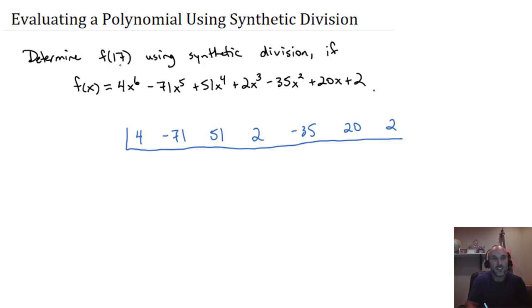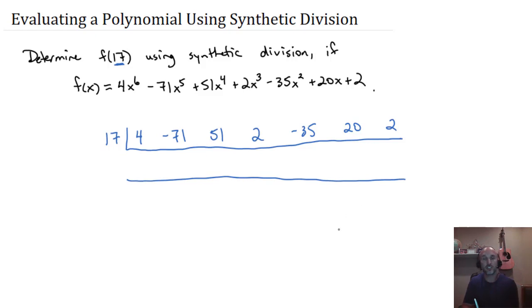And then the number, the input, is going to be what you put out here to represent your divisor. Okay? And what we're going to do is we're going to do the synthetic division. All right? And so to do the synthetic division, we drop our first coefficient to the bottom, and then we multiply and add until we're done with our last column.